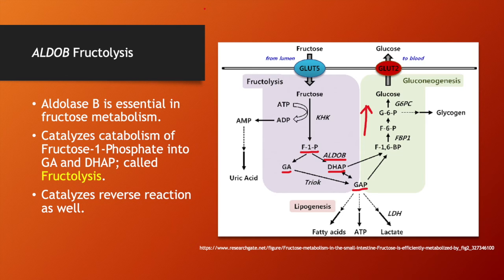And glyceraldehyde 3-phosphate can be used to create fatty acids, eventually create ATP or lactate. Or glyceraldehyde 3-phosphate can be converted into fructose 1,6-bisphosphate, eventually being synthesized into glucose in our gluconeogenesis pathway.